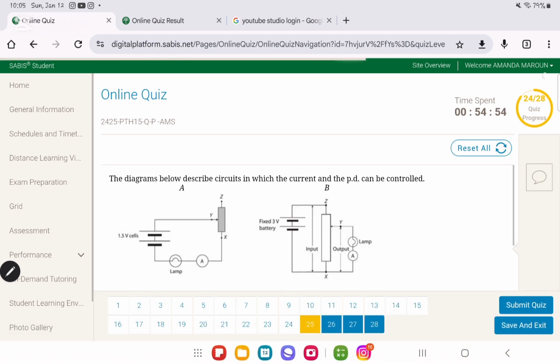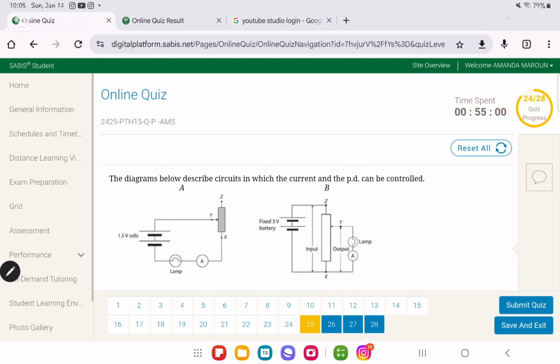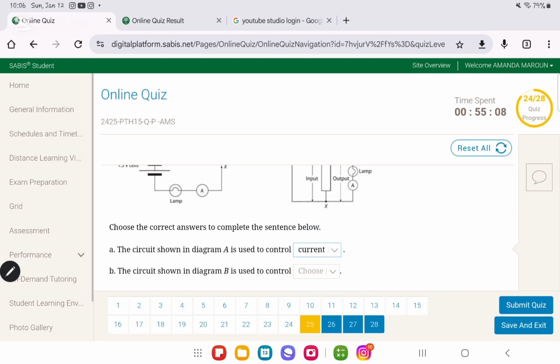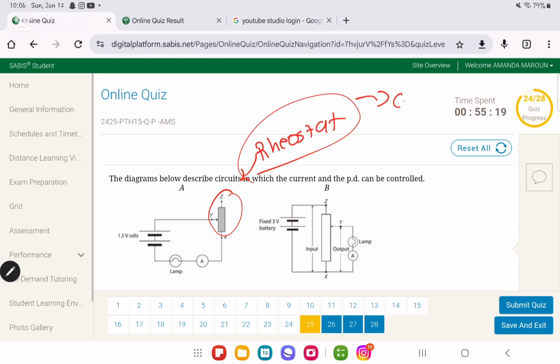Moving on to question number 25. The circuit shown in diagram A is used to control the current. How do you know? Because look, pay attention. If it is smaller, then this is a rheostat, and the rheostat will control the current.